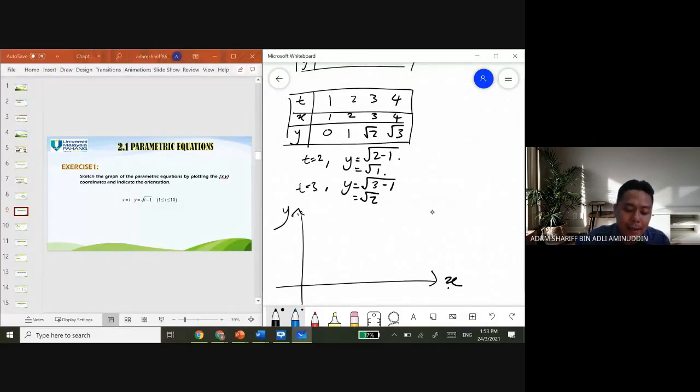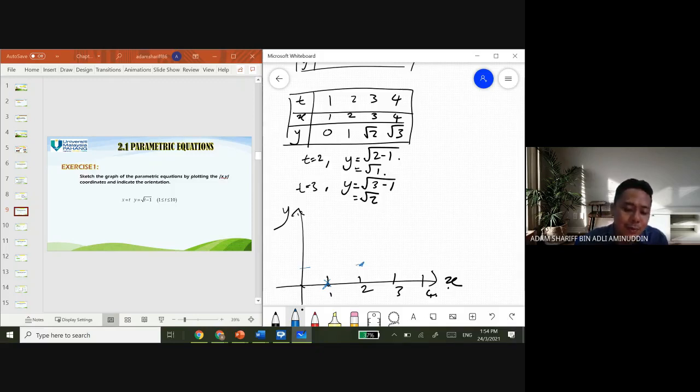X, Y. So this is 1, 2, 3, and so on. When x equals 1, y equals 0. Sini. When x equals 2, y equals 1.